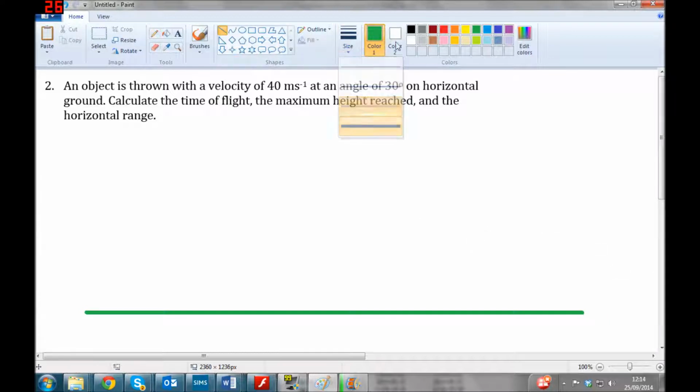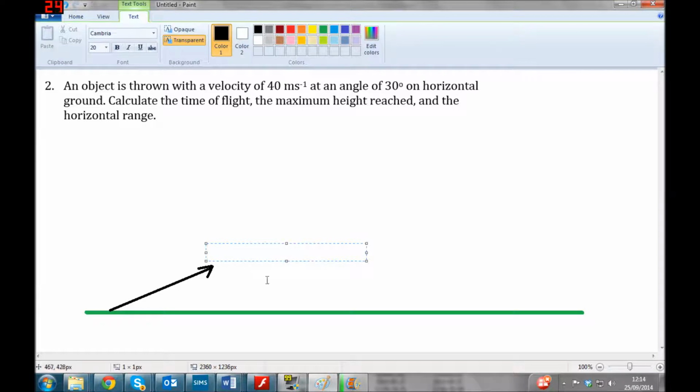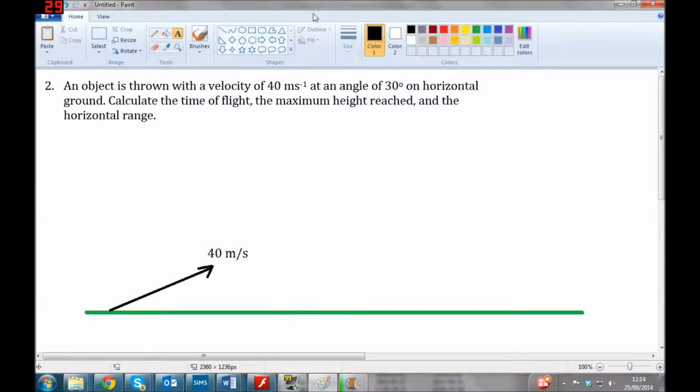So let's draw our velocity vector that we're going to start this whole question off with. So I guess we're going to assume that it comes from the floor, and we're going to assume it looks something like this. That is our velocity vector. That velocity vector has a magnitude of 40 meters per second, as given in the question. The other thing we're given here is the angle, and that is this angle here.